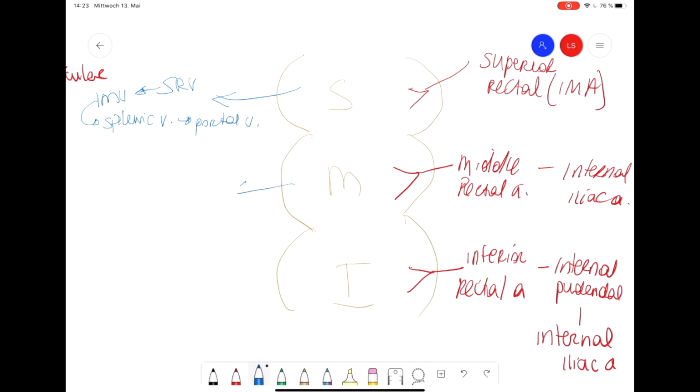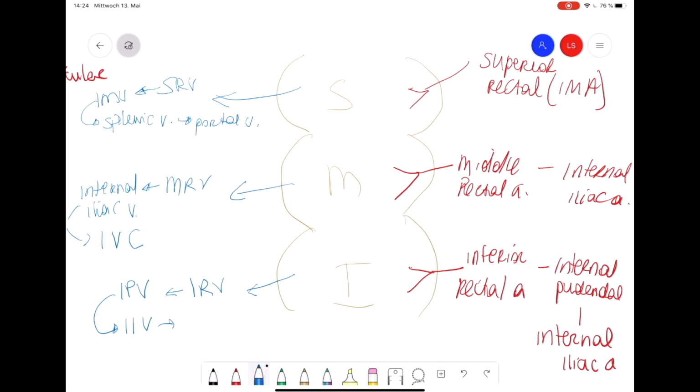Then we have the middle rectal vein, which will drain into internal iliac vein, which will eventually drain into the inferior vena cava, so IVC. And the inferior part of the rectum will drain into the inferior rectal vein, which basically follows the same path. So it will drain into the internal pudendal vein, which will drain into the internal iliac vein, which drains into the IVC. Okay, so that's regarding the rectum.